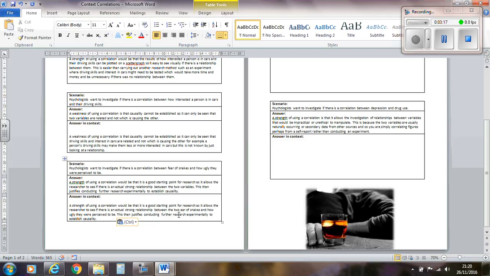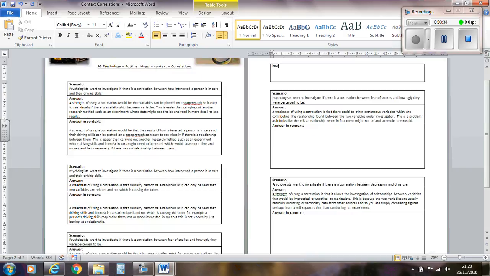This then justifies conducting further research experimentally to establish causality and see if it is the fear of the snake that influences how ugly they are perceived, or how ugly they are perceived influences how much people fear them.